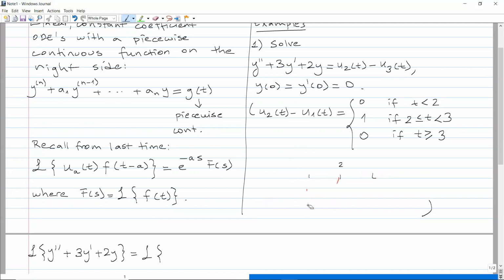So on the graph, it's not minus 1, it's plus 1. At 2, including 2, excluding 3, the function is 1. Otherwise, it is 0.